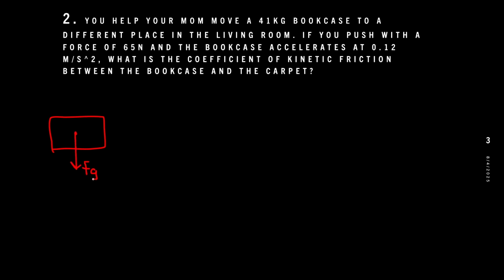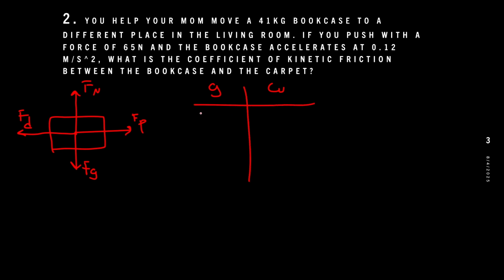So Fg, Fn, Fp, and Fd. So now we could draw our given and wanted table, same like the last problem. So G and W. So we know that the mass is 41 kg.